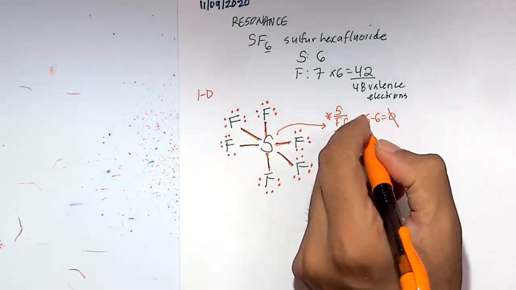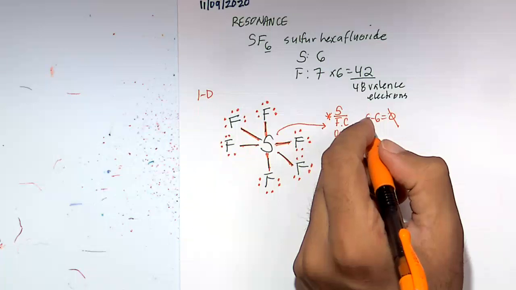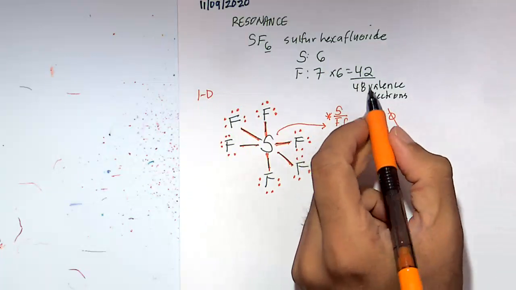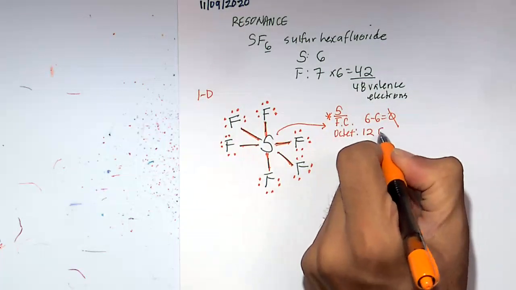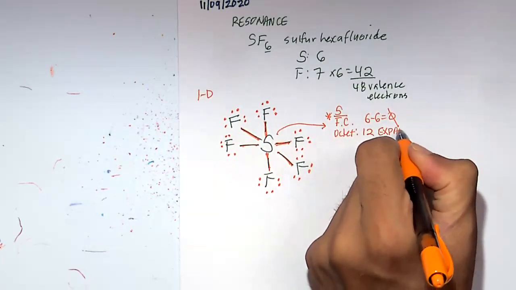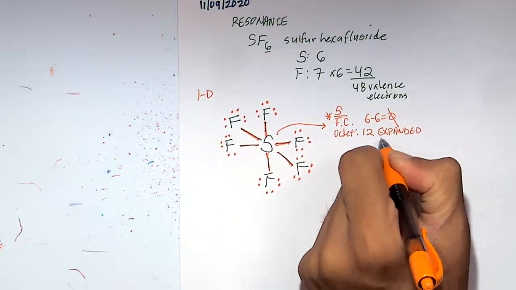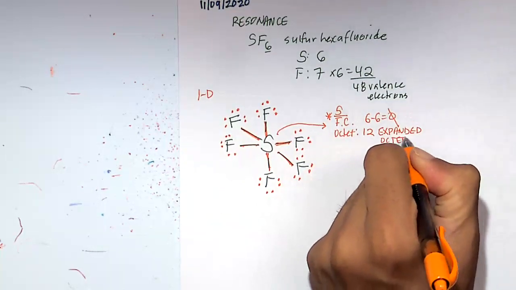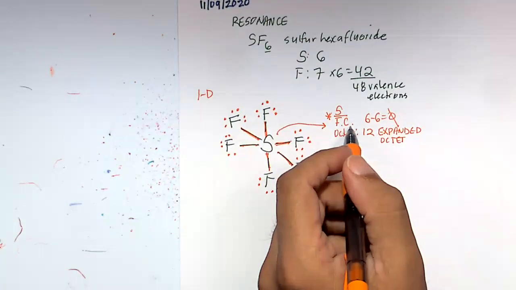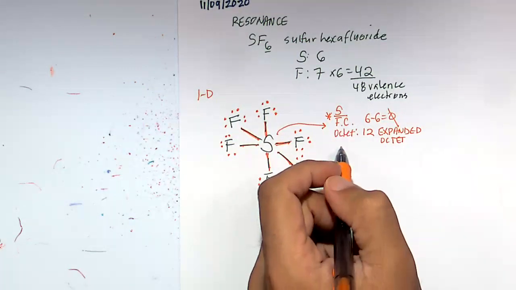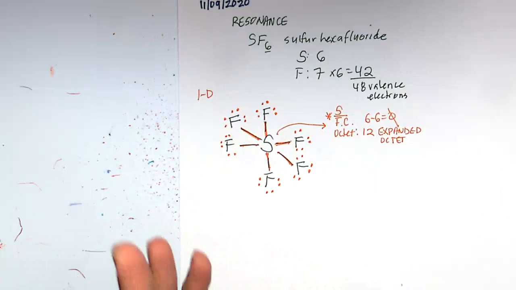We will call that an expanded octet. That's okay, right? Remember, there's a lot of fudging with the octet rule. Getting your formal charge minimized is the most important thing. Expanded octet is totally fine.